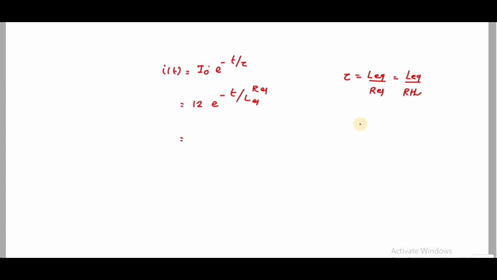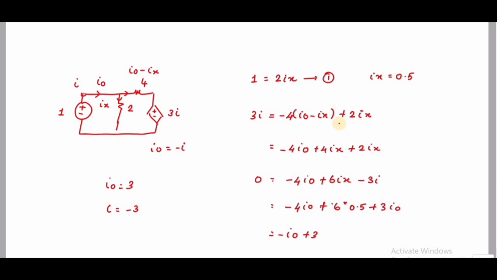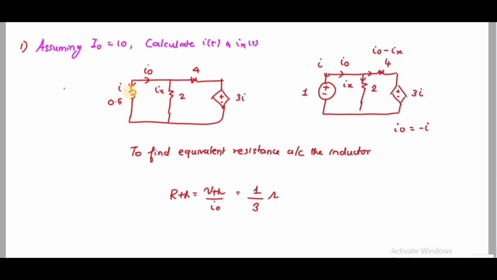So what is I of t? I of t is equal to I naught, that is the initial current, it's already given, e power minus t divided by tau. So 12 into e power minus t divided by tau. Tau is nothing but L equivalent divided by R equivalent. So what is L value? L value is 1 by 2, right. Here you can see this L equivalent is 1 by 2 and RTH is 1 by 3.